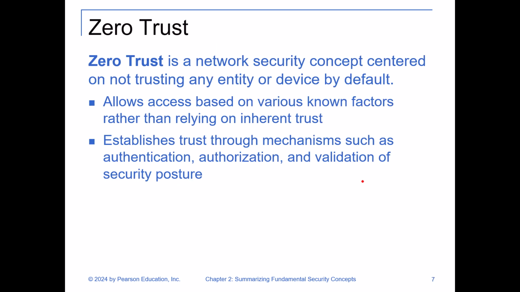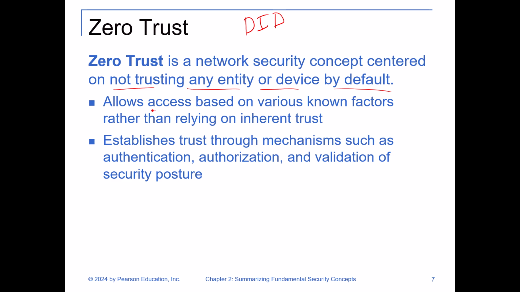So we have 2 main types of trust concepts: defense in depth, and that means we have layers of protection, and we have zero trust. Zero trust is a security concept centered about not trusting any entity or device by default. You have to verify, you have to authenticate.